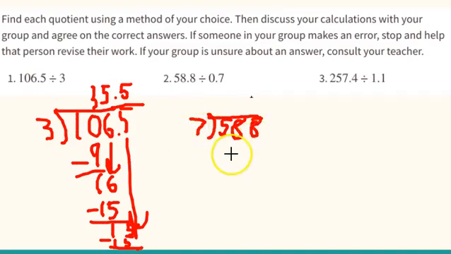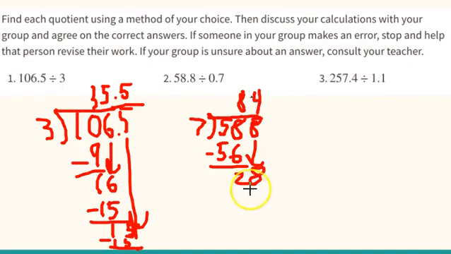So 7 will go into 58. Let's see, 8 times? And that should be 4. Okay, so it should be 84.